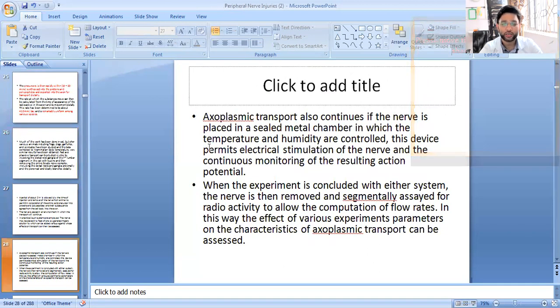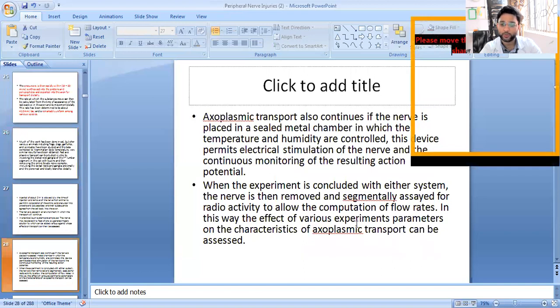When the experiment is concluded with either system, the nerve is removed and segmentally assayed for radioactivity to allow the computation of flow rates. In this way, the effect of various experimental parameters on the characteristics of exoplasmic transport can be assessed.